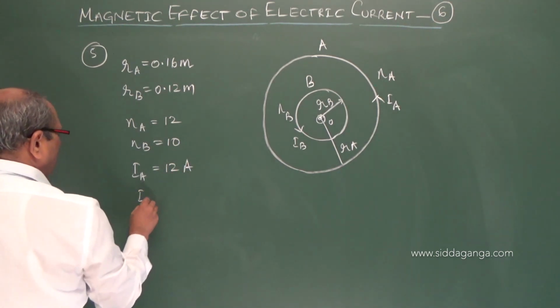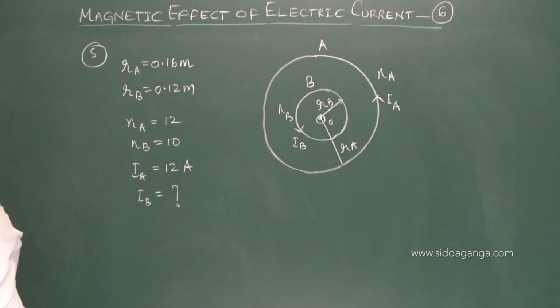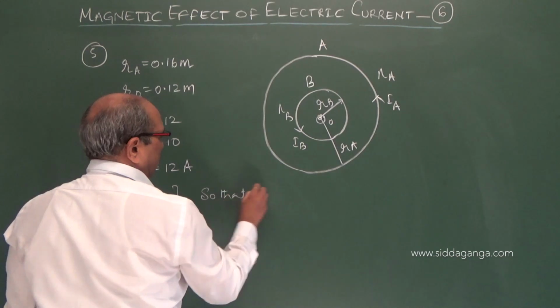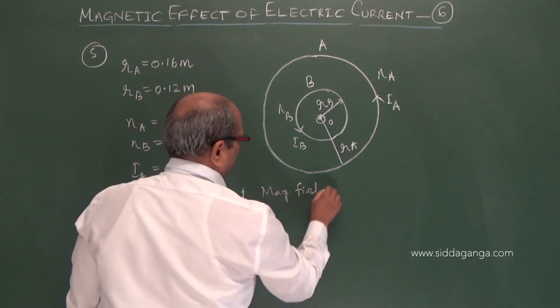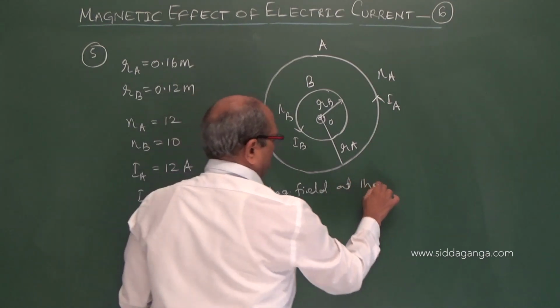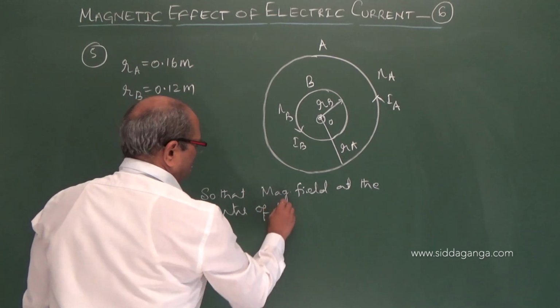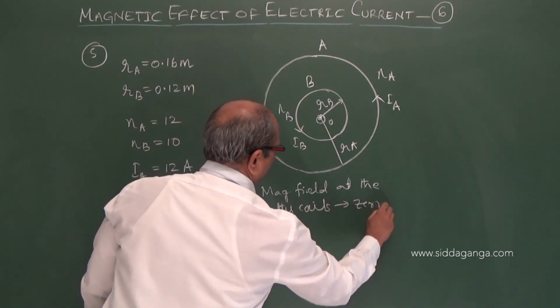What is the current in the inner coil so that the magnetic field at the center of the coils becomes 0?